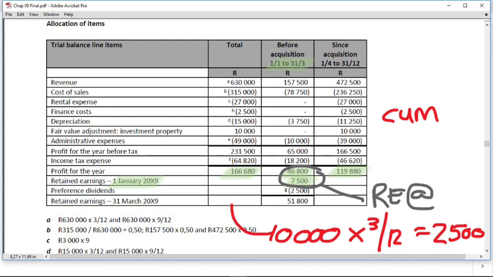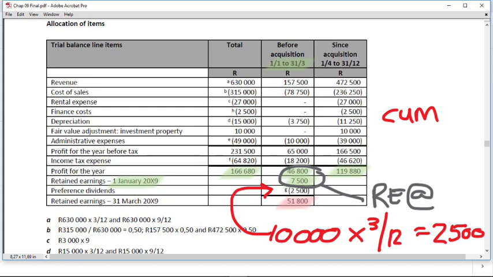So by excluding it from the total retained earnings at acquisition, you are left with the retained earnings of the subsidiary attributable to the ordinary shareholders. And all you will have to do is that 2,500 Rand you will move out to the preference shares, and that will be a portion of the equity of the subsidiary at acquisition date that eliminates against the preference share investment and the preference share NCI.